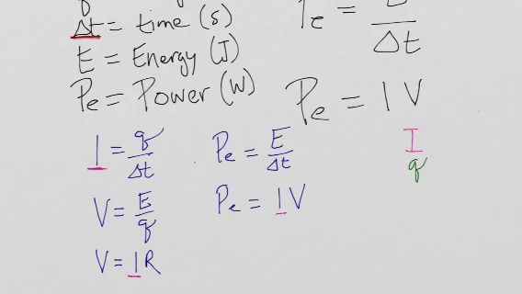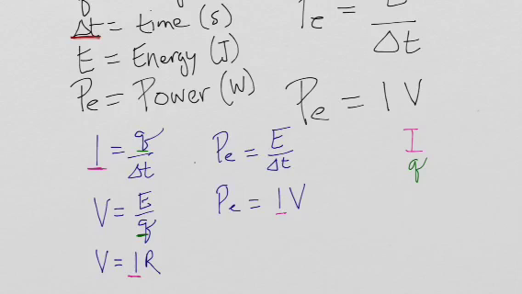Now, if I want to solve for Q, for charge, what are my options? I equals Q over delta T and V equals E over Q. Okay? If I want to solve for V, what do I got? A lot.